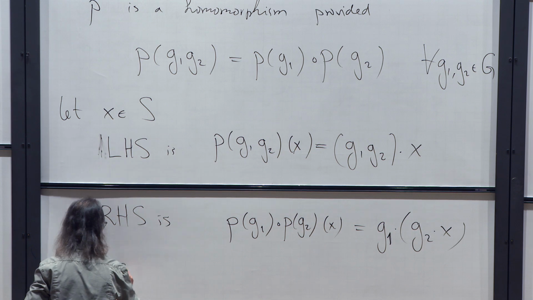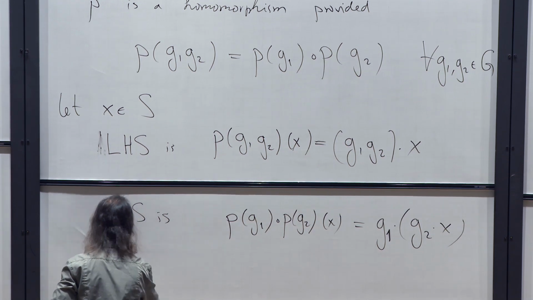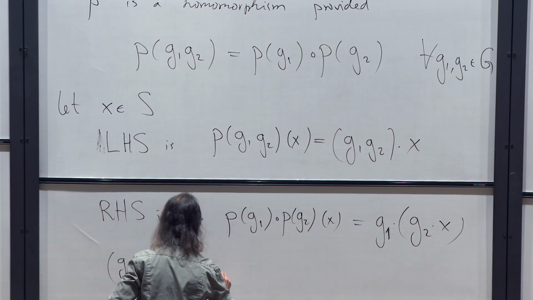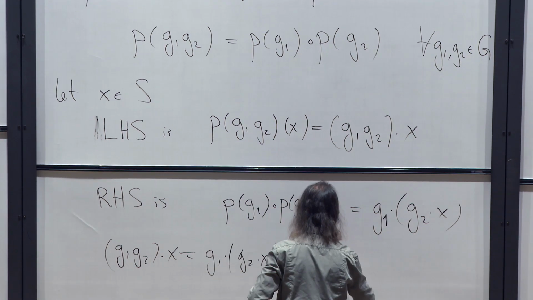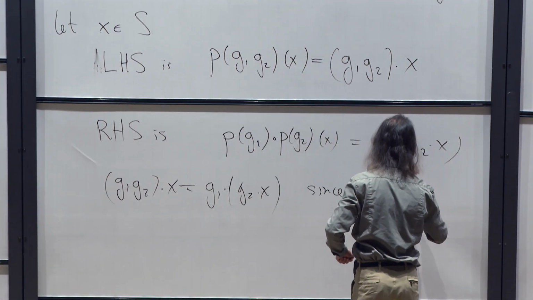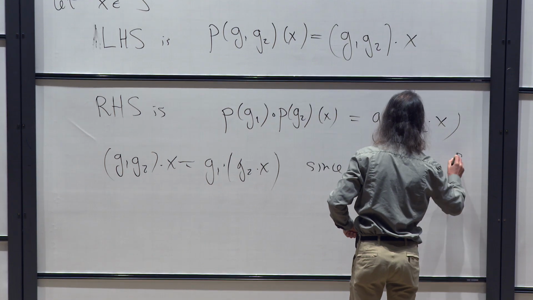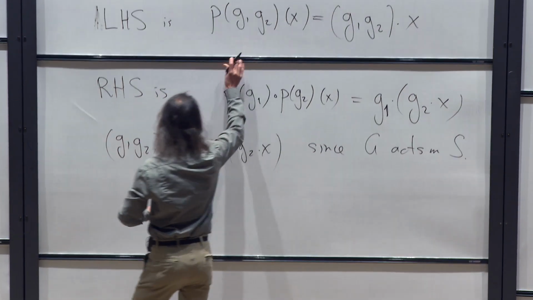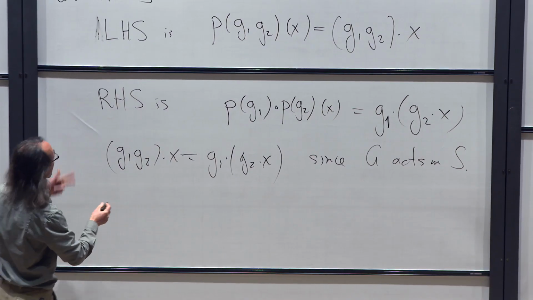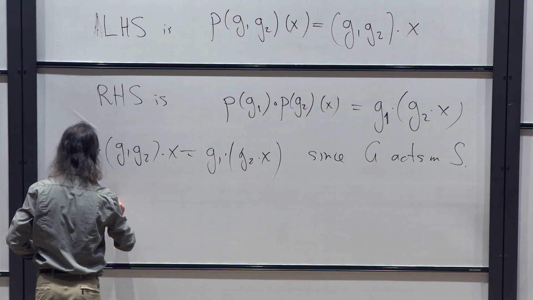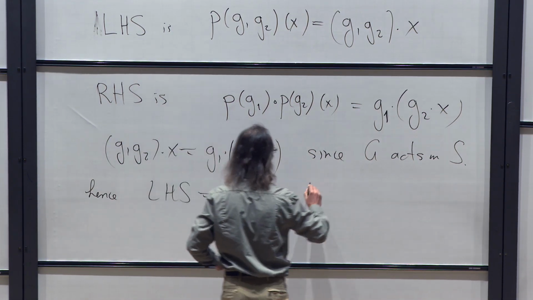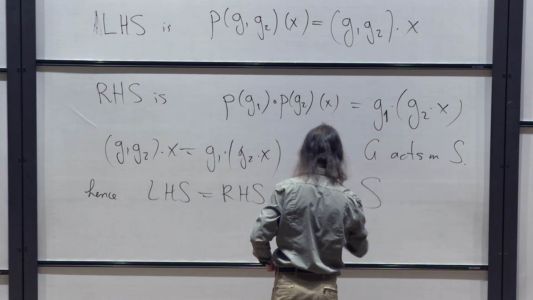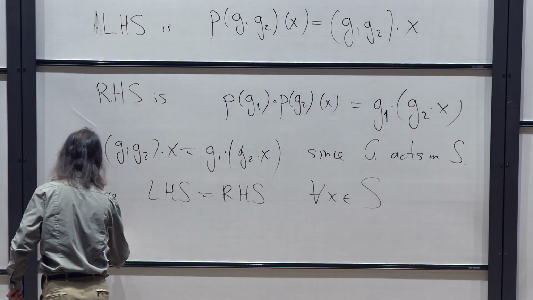Now, g1 g2 dot x is equal to g1 dot (g2 dot x), since G acts on S, and hence left hand side is equal to the right hand side for any x in S, and so rho is a homomorphism.